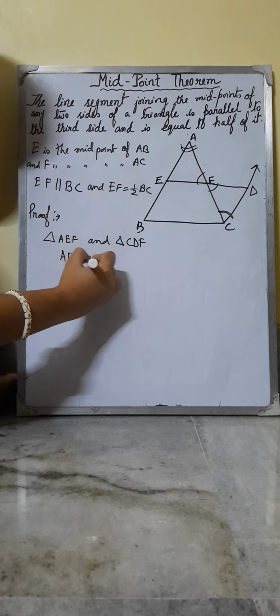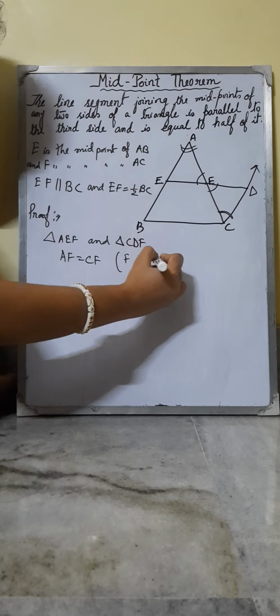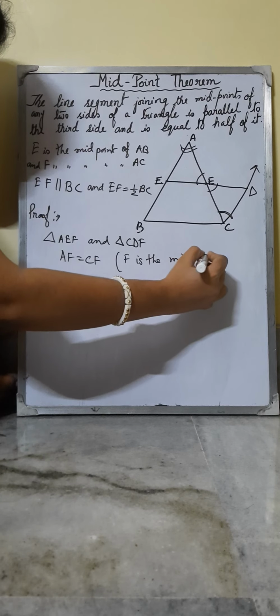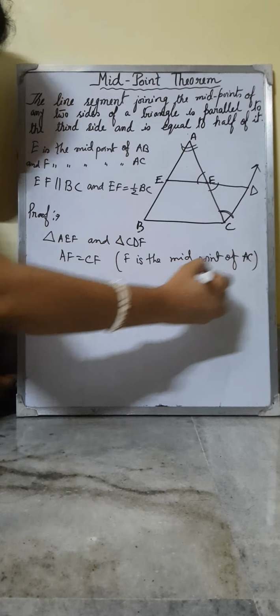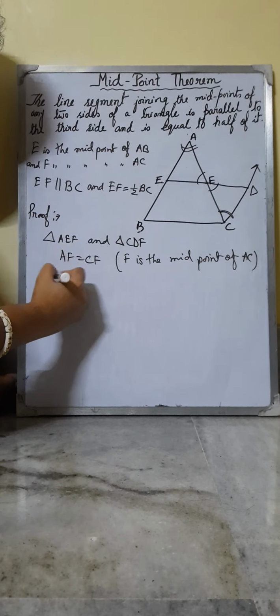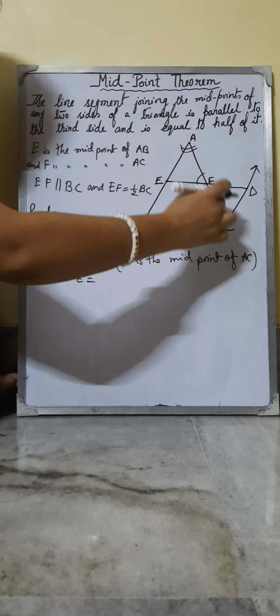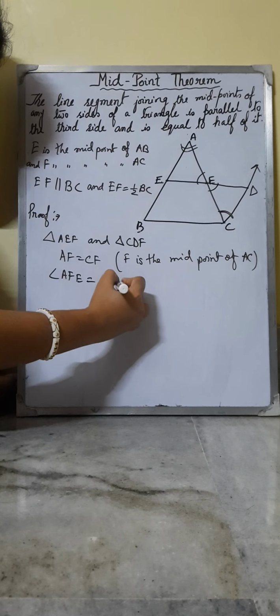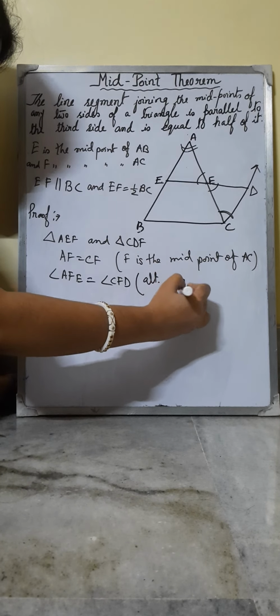AF equals to CF because F is the midpoint of AC. Next, angle AFE equals to angle CFD because they are vertically opposite angles.